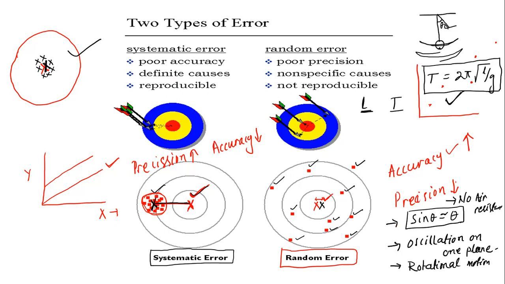So many such parameters you considered while doing this experiment, just to simplify the working formula and write it as T equals 2 pi root over L by g.